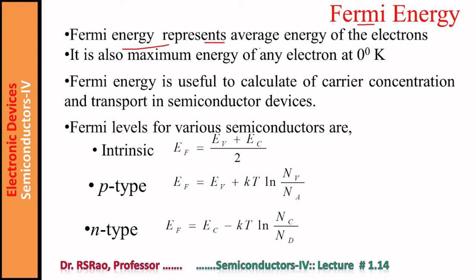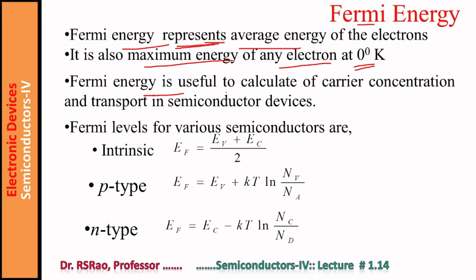Some more points regarding Fermi energy. Fermi energy represents the average energy of the electrons. It is also the maximum energy of any electron at 0 degree Kelvin. The first statement gives a beautiful definition for Fermi energy, in the sense that it gives an understandable meaning to Fermi energy.